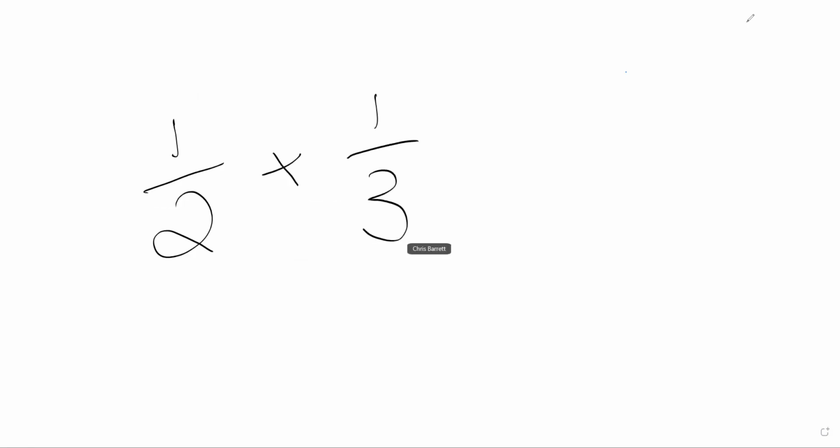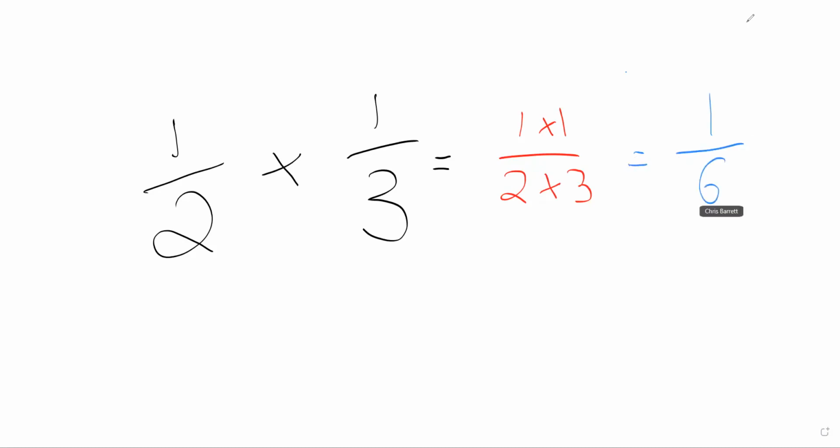So if we have got 1/2 multiplied by 1/3, my fraction then becomes 1 multiplied by 1 at the top over 2 multiplied by 3. And then my answer would just be 1/6.